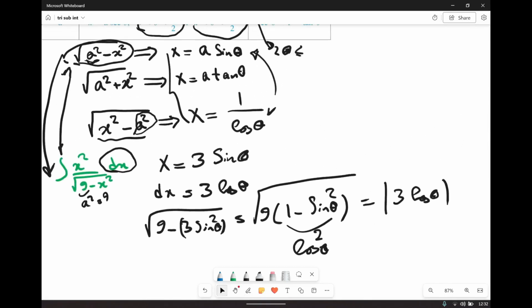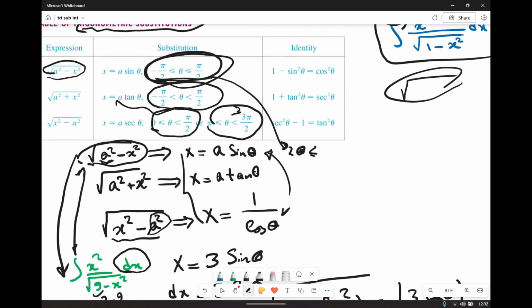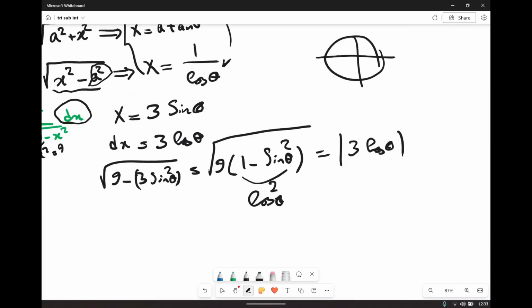But as I mentioned earlier, here theta is between minus pi over 2 and pi over 2. In this part we know cosine is positive. If you don't know, please come back to our trigonometry course, where I explain everything in detail. Therefore, in the first and fourth quadrants it is positive, and the answer is 3 cosine theta.